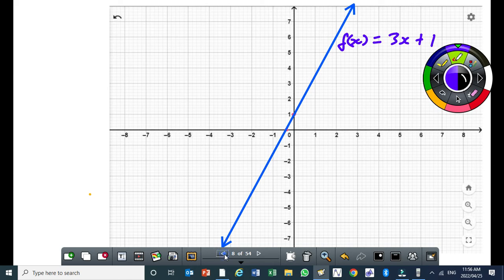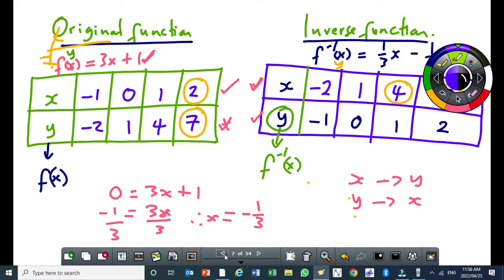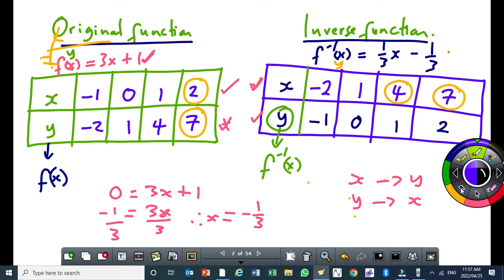Then let's find the x and y intercept of the inverse. If you have got this equation, I'm sure you can agree with me that already the y-intercept is that. What's the y-intercept?